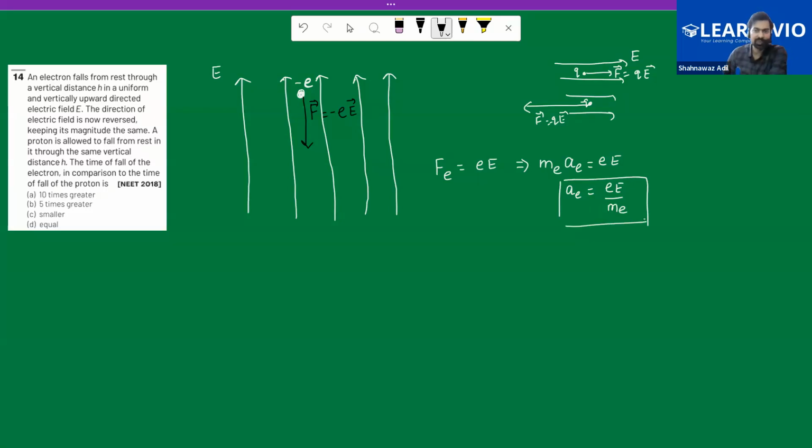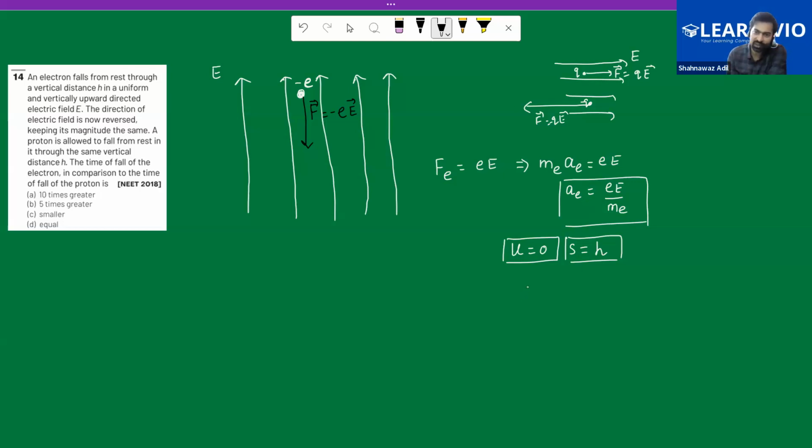And the electron is falling from rest, so u is 0, and the distance it travels is h.